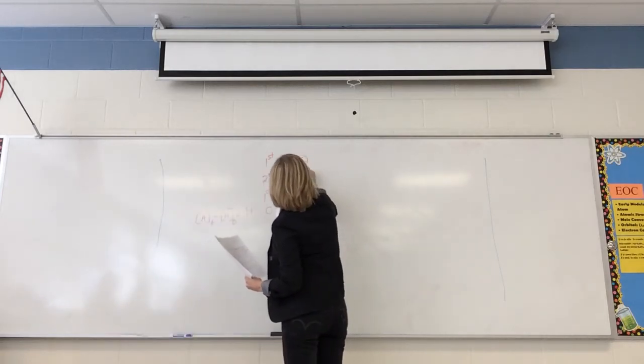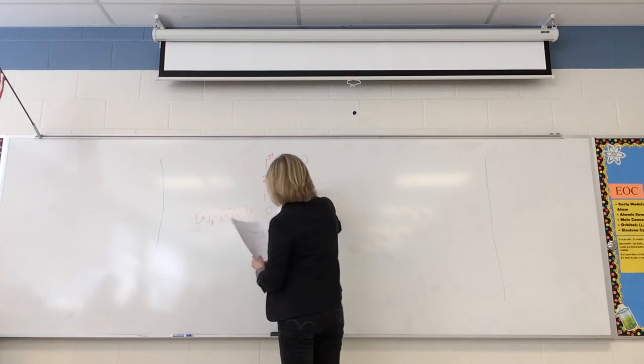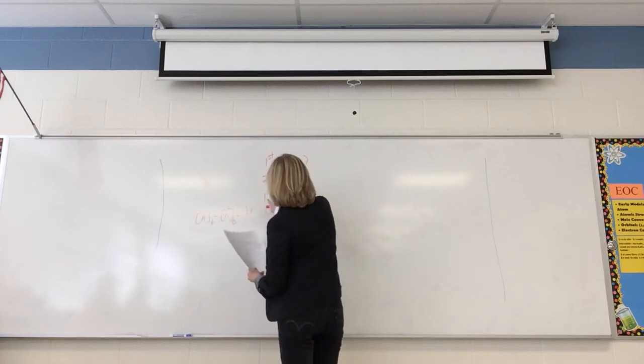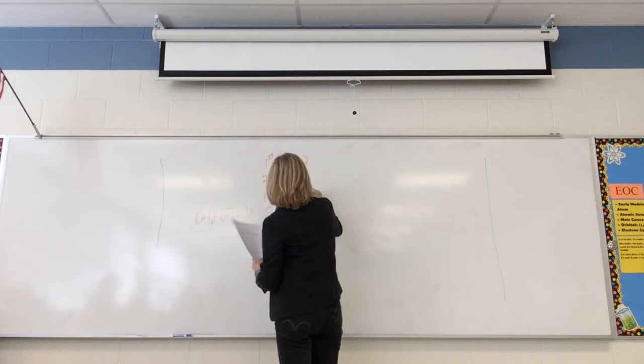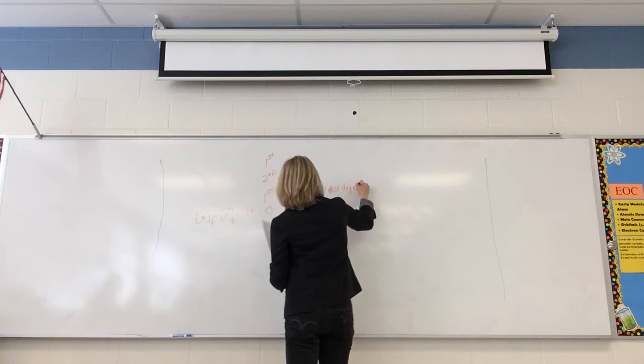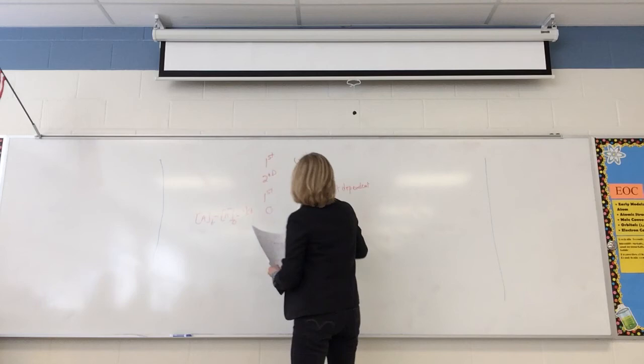This is going to be negative, this is going to be positive, and this is going to be negative. And here, right next to the half-life, I would put consistent and not dependent on initial concentration.